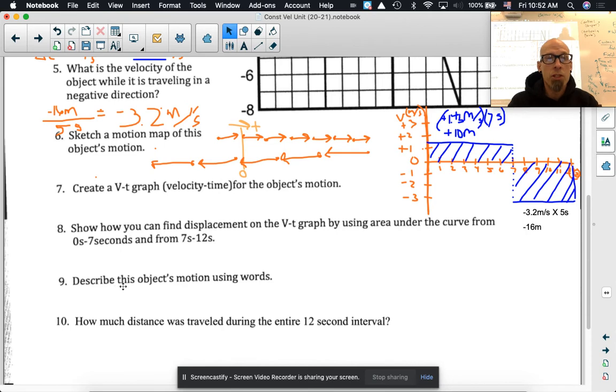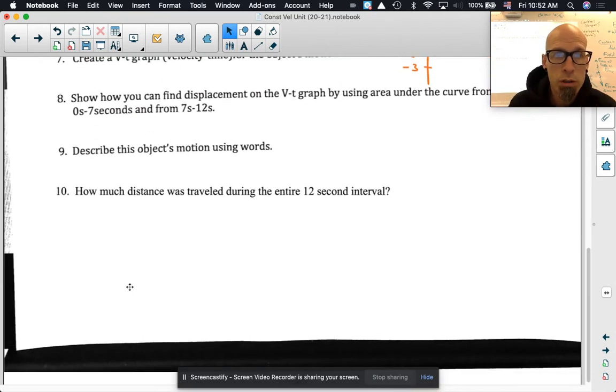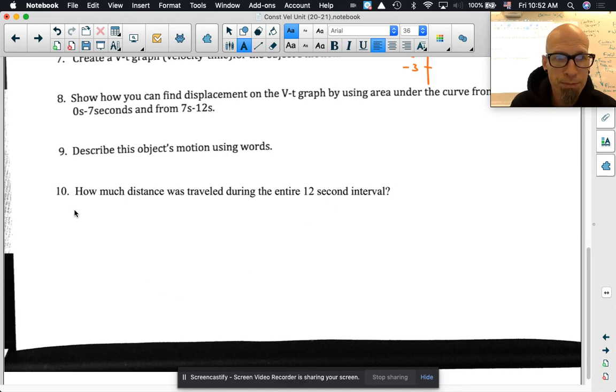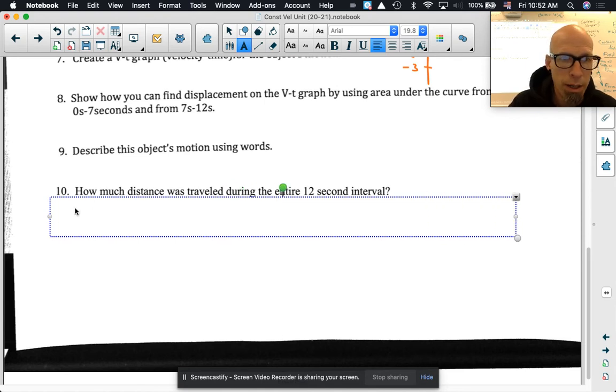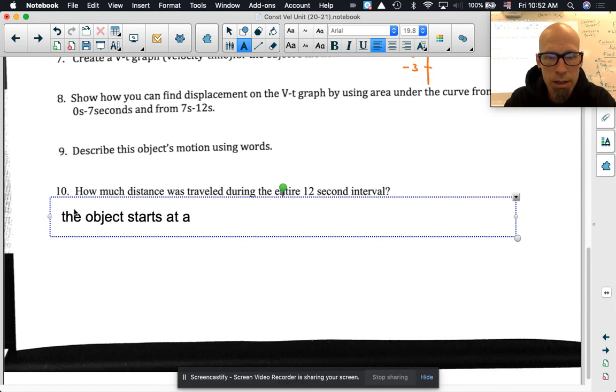Okay, number 9. Describe this object's motion using words. I'm going to have a big text box here, and here's what I'm going to say. The object starts at a negative 2 meter position. Notice I'm including quantitative details, because I have them. They're on the graph.